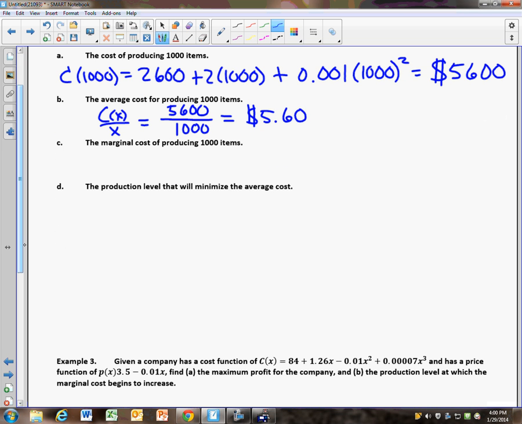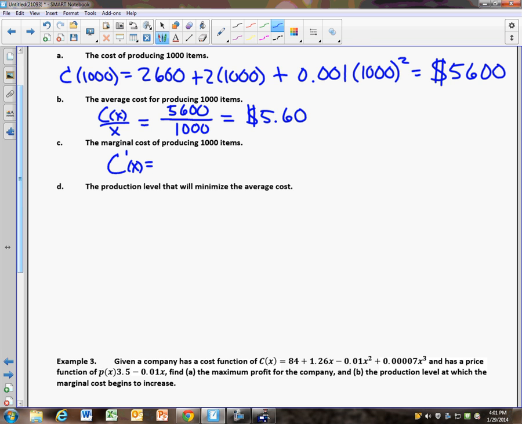C, marginal cost. Do you remember what marginal cost is? Marginal cost is the cost of producing the next item. And the way that we generate an expression for that, next item is another way of saying the instantaneous rate of change at that given point, which is another way of saying the derivative. So the marginal cost is C prime of x.